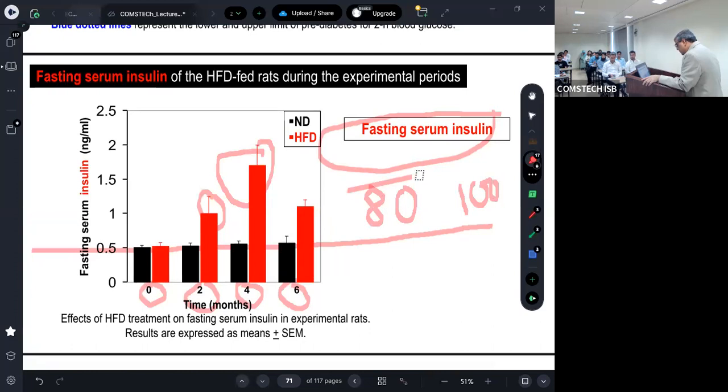Here is insulin. What is the amount of insulin here at 4 months? 0.5. What is the amount of insulin here? 1.8. Can you make the ratio? Can you do 0.5 divided by 80 and 1.8 divided by 100?